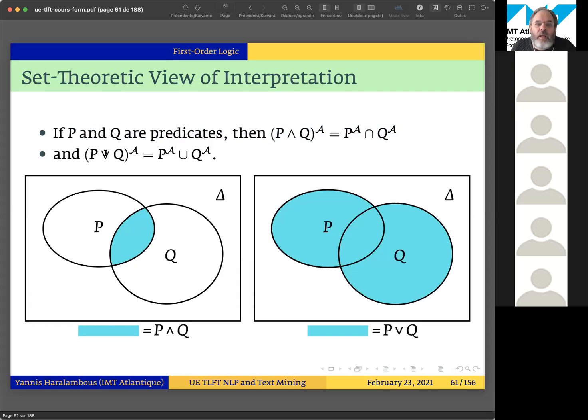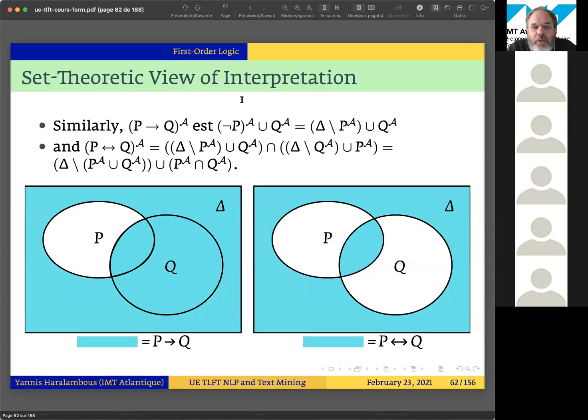Similarly, if I take disjunction, P or Q, I get a union of subsets. So these are the X's for which P or Q is true. And this is the part where both are true, but it doesn't matter. The blue part here is P or Q.